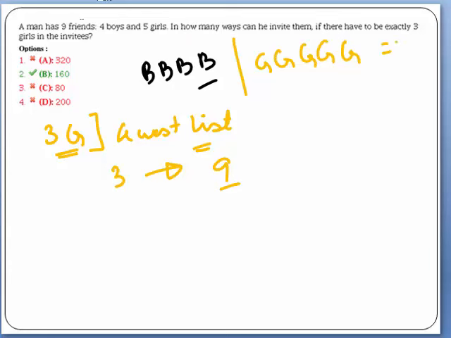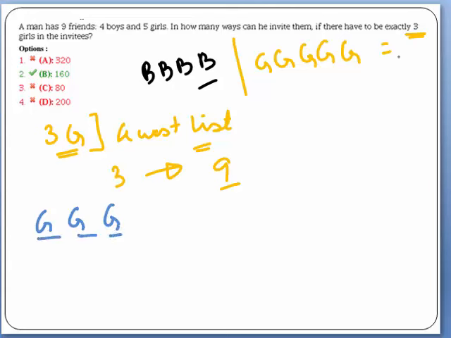But here the problem says that the number of girls has to be exactly 3. Now let us say I fix the number of girls: G1, G2 and G3, these are the 3 girls, or the 3 spots. Let's not name the girls at this point of time. We'll only say that we will have 3 girls in the invitation. So very quickly, we have 3 spots taken by girls, G, G, G.